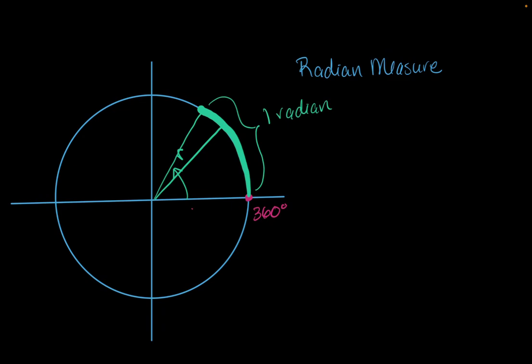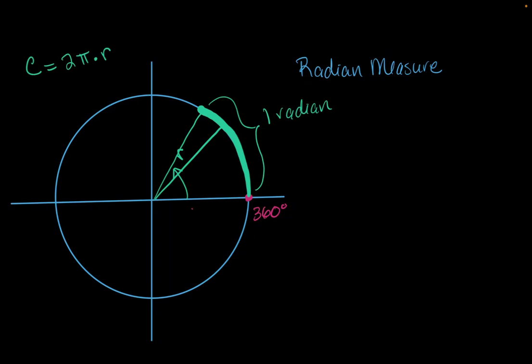This angle here. So how many radians are there in 1 revolution around a circle? Well, we can figure this out, and we can equate it to 360 degrees. If you think about it, we have a formula for this. We know that the distance around a circle is called the circumference, and we know that the formula for circumference is 2 pi times r, and r is for radius.